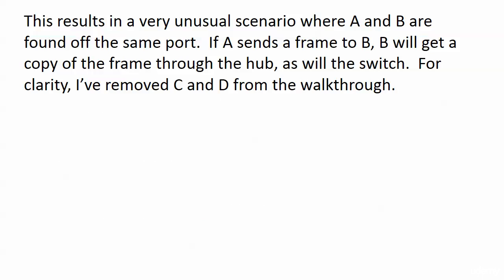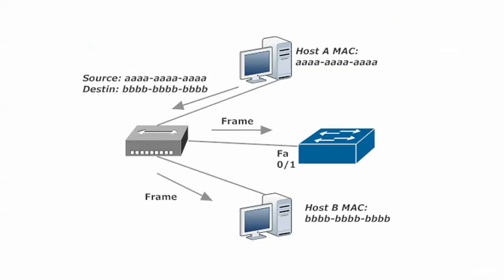Well, for clarity, I have removed C and D from the walkthrough, and this is what ends up happening. Host A sends that frame. The destination is all B's as well. The hub is not even reading that, because our hub is a layer 1 device. So it's just a multi-port repeater. It's like, hey, everybody, here you go. Everybody that's connected gets one of these. And the thing is, the host, the intended destination, host B, does get the frame, but so does the switch.